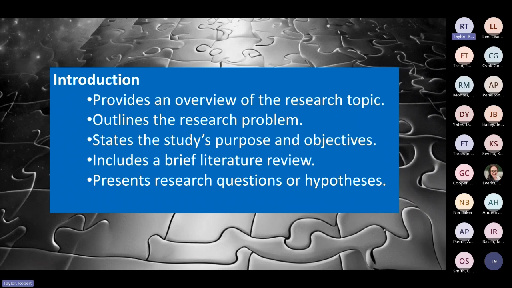And that's if they understand why the sections are being written. So an introduction provides an overview of the research topic. It outlines the research problem and states the purpose and objectives of the study. It also includes a brief literature review detailing the most significant research that influenced the current work. And it includes the research questions or hypotheses.